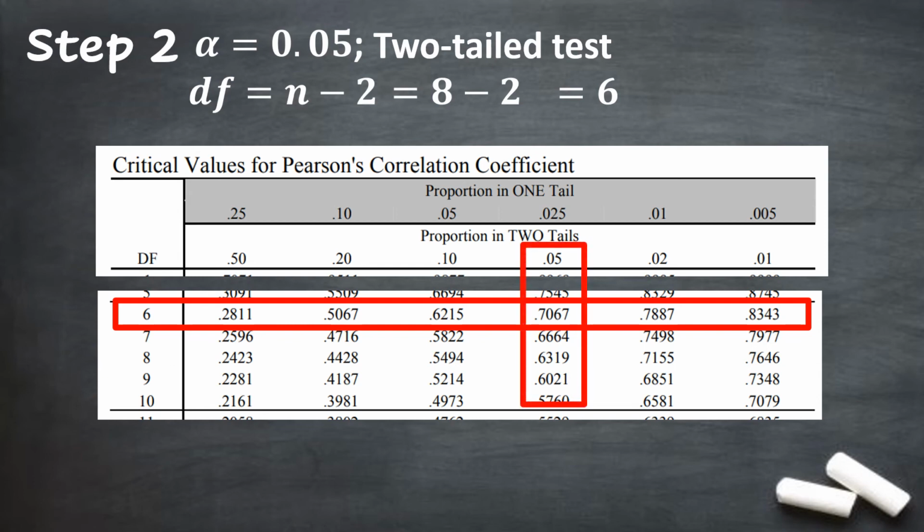Next is to locate the level of significance in the row for the proportion in two-tailed. Since the level of significance is 0.05, you draw an imaginary vertical line that passes through 0.05. The intersection of those two imaginary lines will be the value for your R tabular.